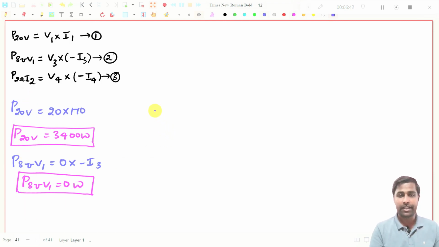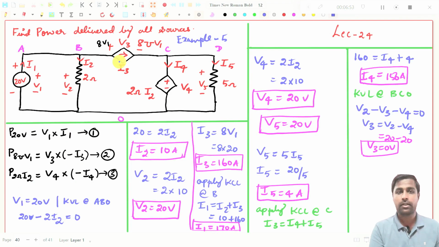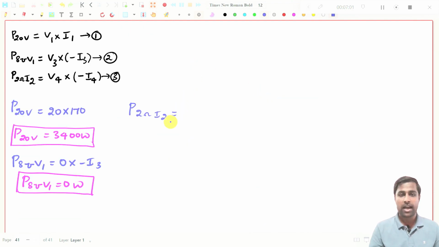And then it will be the 2 ohm I2 source. So P of 2 ohm I2 should be equal to V4. V4 is 20 volt. Everything is 20 volt, right? And what is I4? I4 is 156 amperes. So I will substitute here.